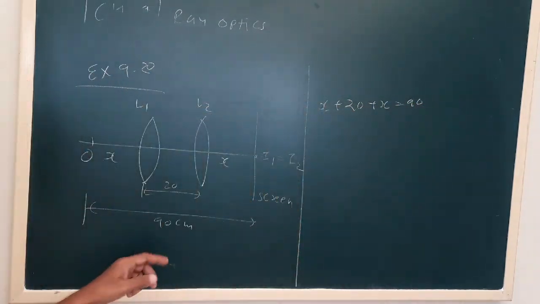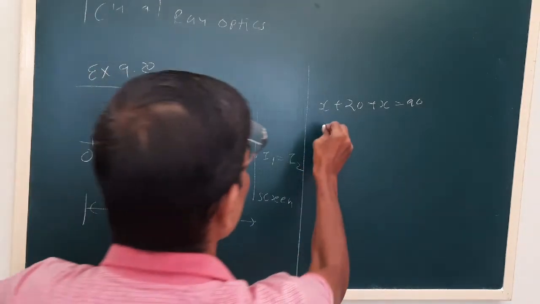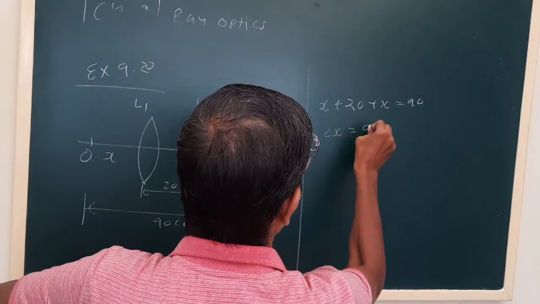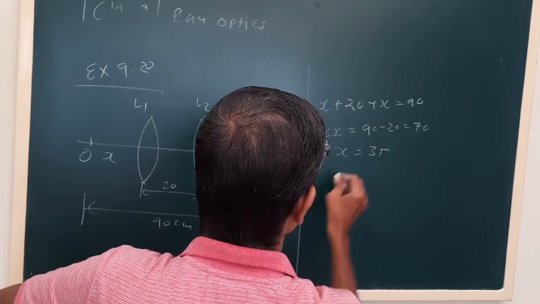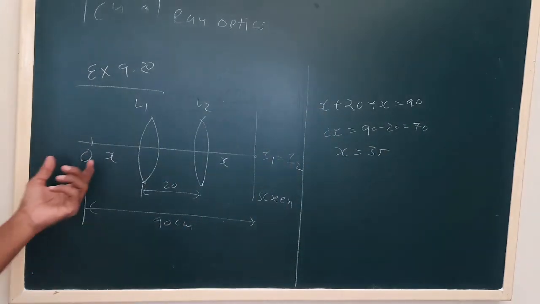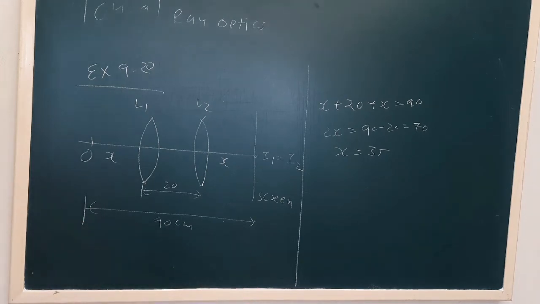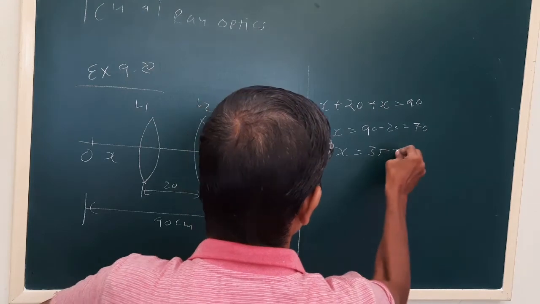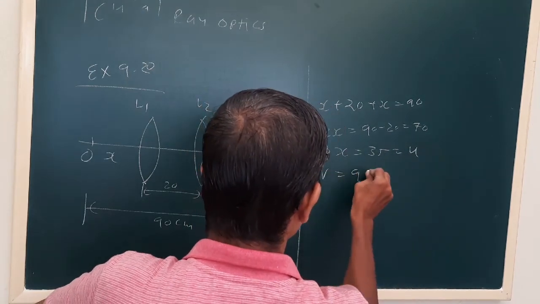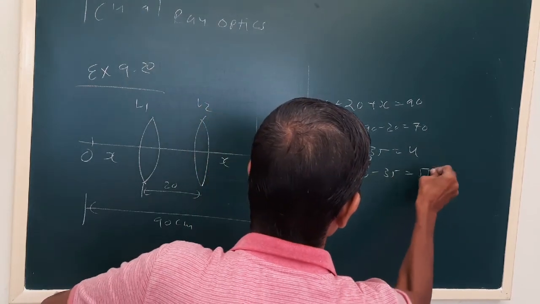Now this 20 distance is given to us. So 2x is equal to 90 minus 20, which is 70. x is 35. So if this is 35, the remaining will be the image distance. So in that case, u is 35 and v will be 90 minus 35, which is 55.